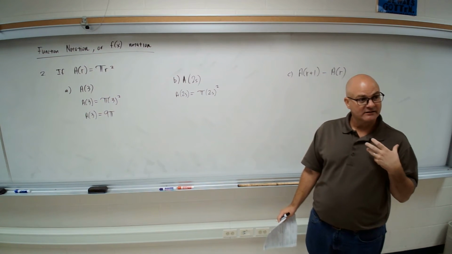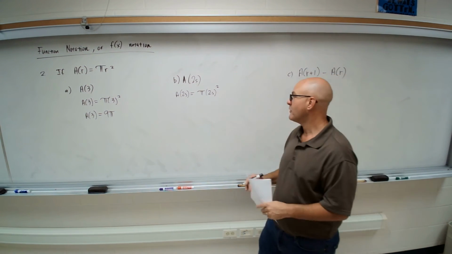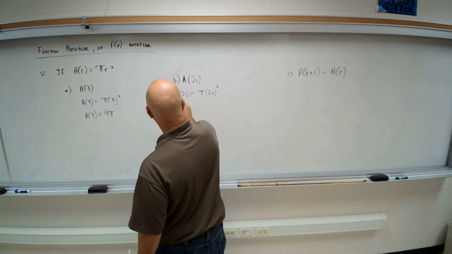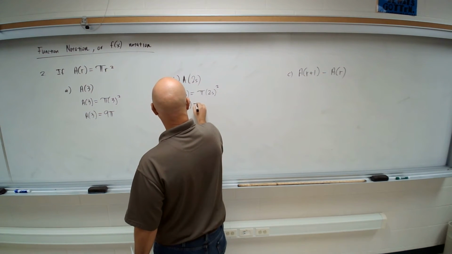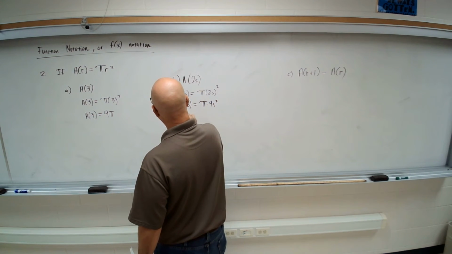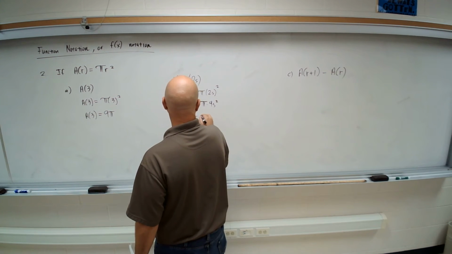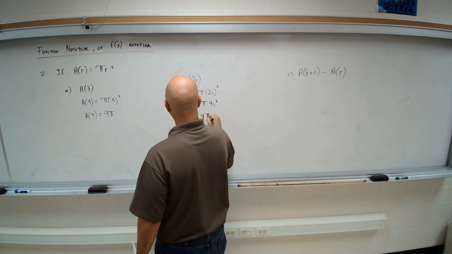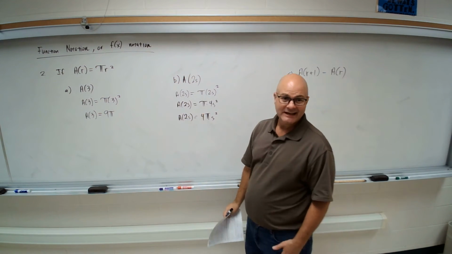But there's a product that's being squared, so we square both parts. And that's going to be pi times 4s squared. So A of 2s is equal to 4 pi s squared.